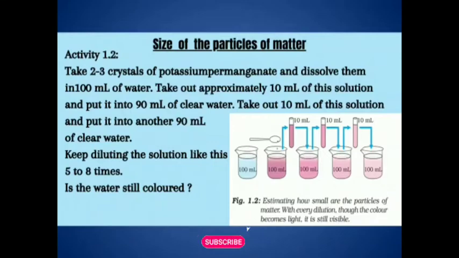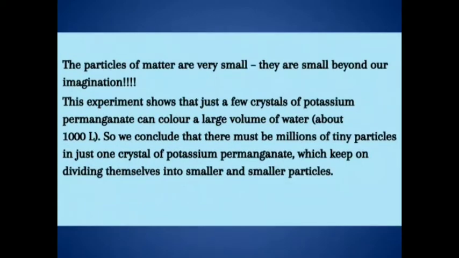So what does this indicate? The experiment shows that just a few crystals of potassium permanganate can color a large volume of water, tanks of water. A 1,000-liter tank can also be colored by small crystals of potassium permanganate.